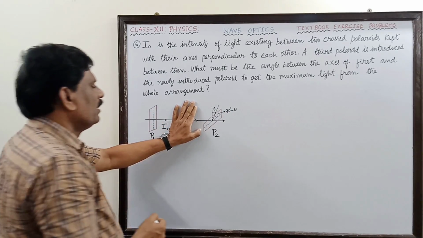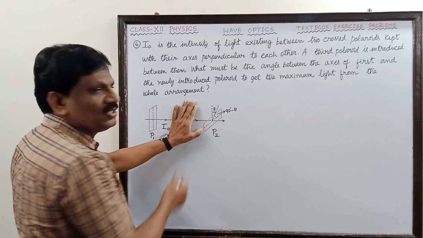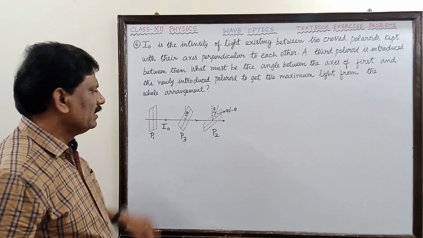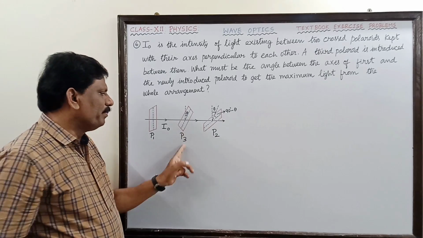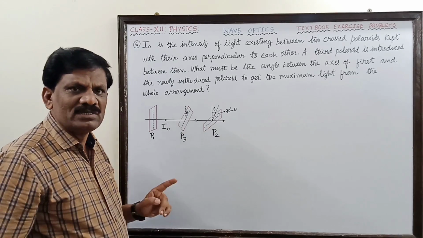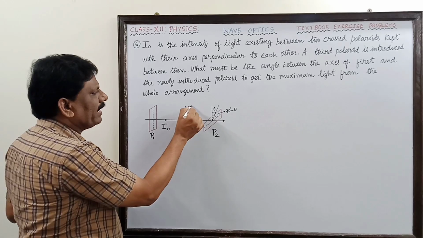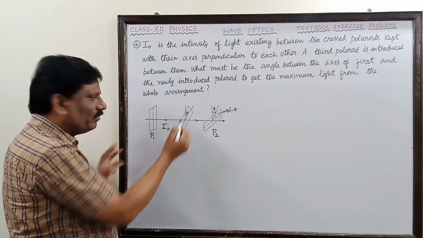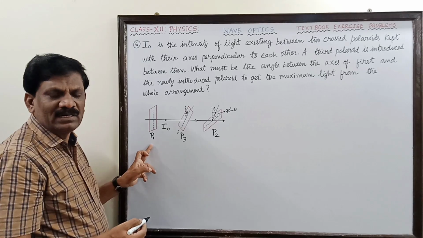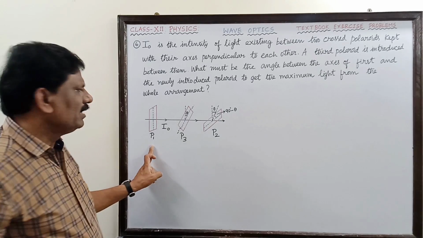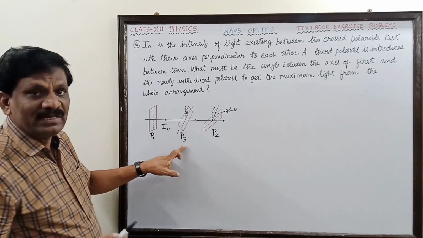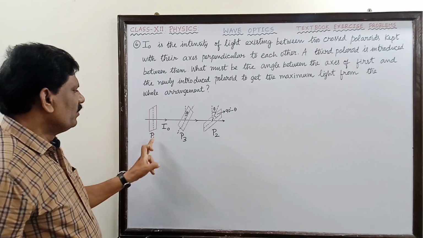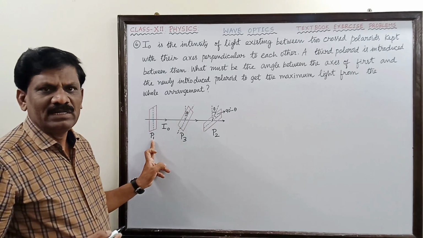Now another Polaroid, P3, is introduced between P1 and P2 such that its optic axis makes an angle theta with the direction of P1. So the axis of P3 makes an angle theta with the axis of P1.